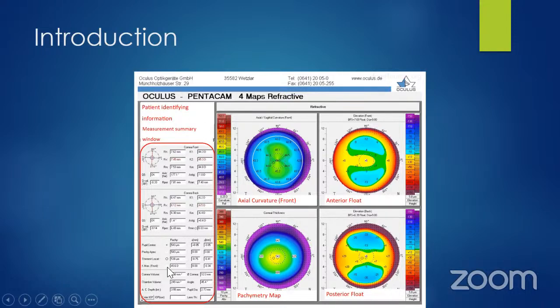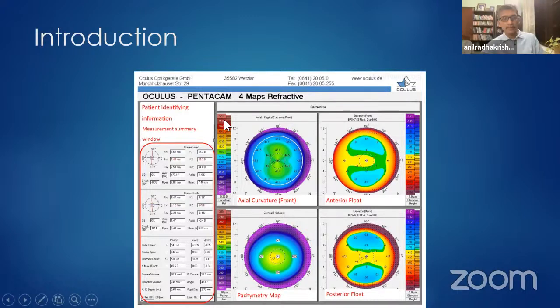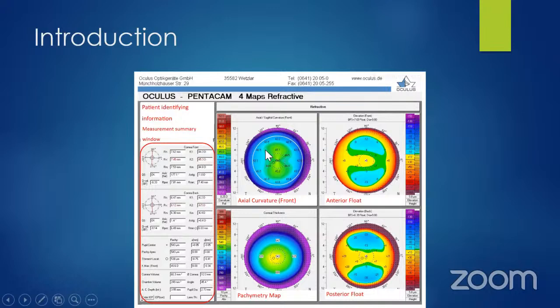Then this whole red box is divided into 4 different information zones, and then there is this 4 quad map. So this is basically 4 color maps, and last time we had discussed the color indices. You have to be careful when you compare that the indices are showing the same color.